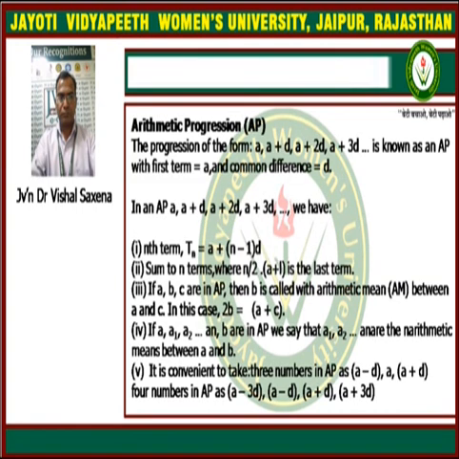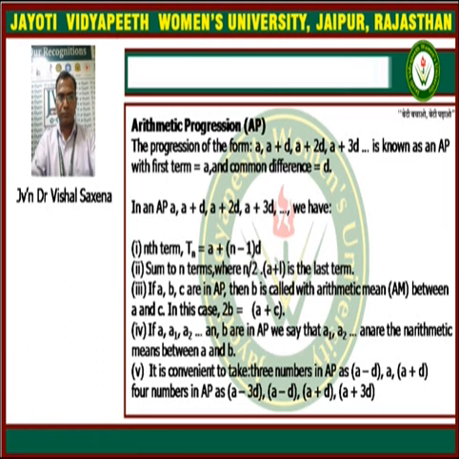First we understand the meaning of arithmetic progression. The progression of the form a, a plus d, a plus 2d, a plus 3d and so on is known as an AP, meaning arithmetic progression, with first term a and common difference d.